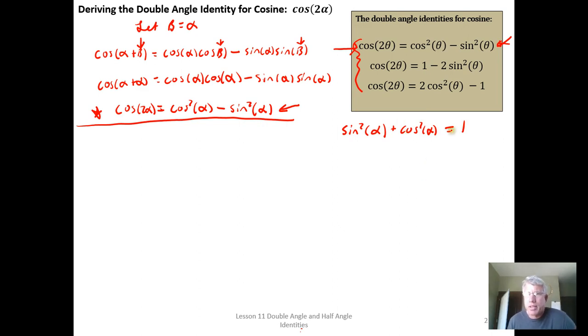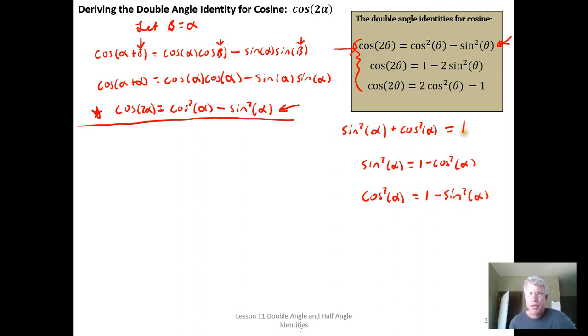And we could subtract the cosine squared from both sides, and if we did that, we would see that the sine squared of alpha was equal to 1 minus the cosine squared of alpha. Or we could just as easily subtract the sine squared of alpha from both sides, which would give us the relationship that the cosine squared of alpha has to be equal to 1 minus the sine squared of alpha.